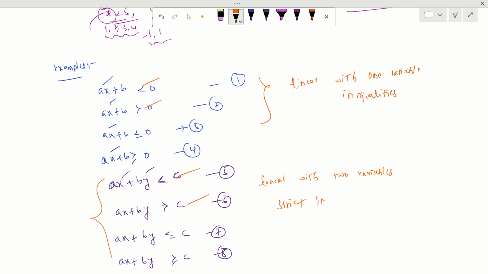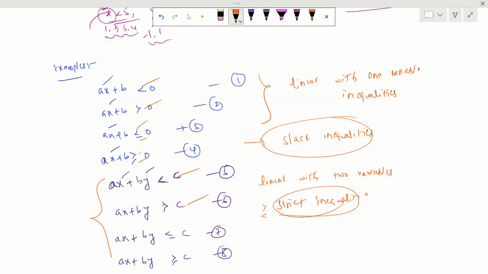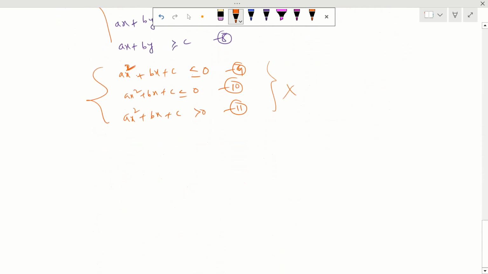And here, less than or equal, greater than or equal, these are called slack inequalities. You understood, in strict inequalities only one condition is there, either greater than or less than. And two conditions, more than one condition, is called slack inequalities, right?